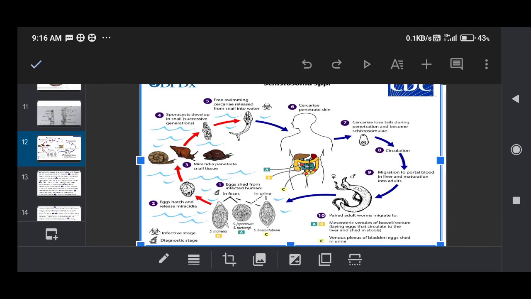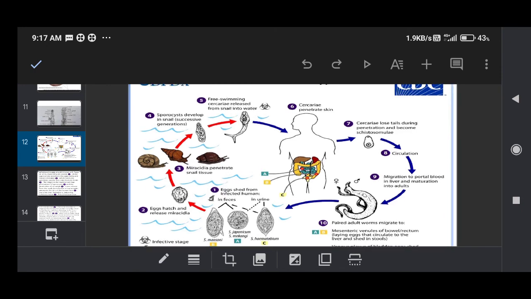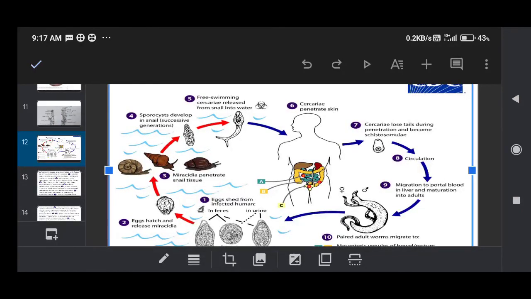Immediately the eggs release the miracidium, and the miracidium penetrates into the snail within 24 hours and converts into the sporocyst. From the sporocyst the Cercaria larva is produced.